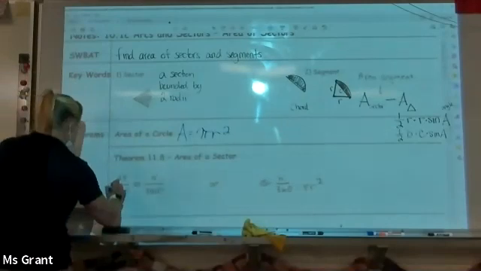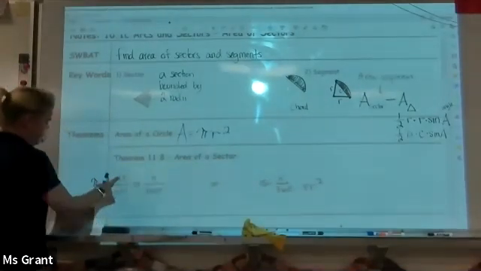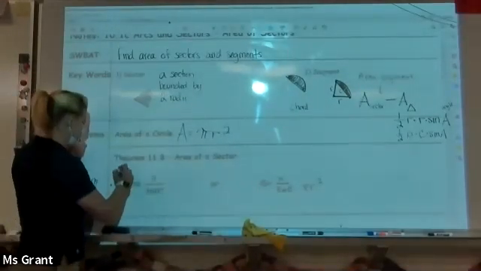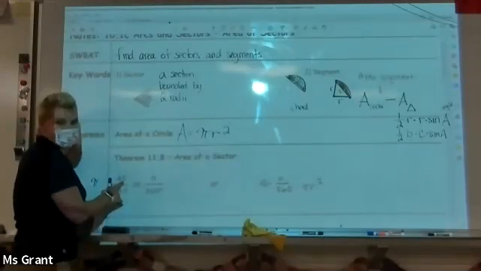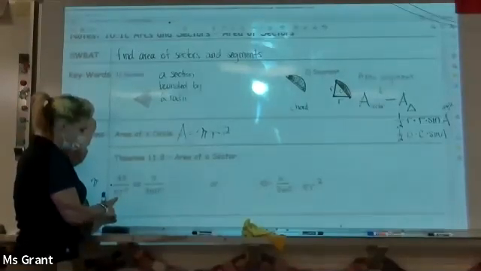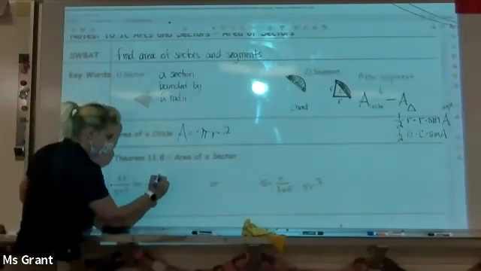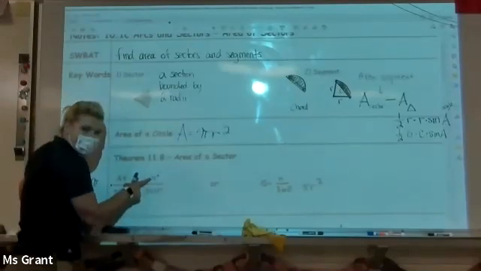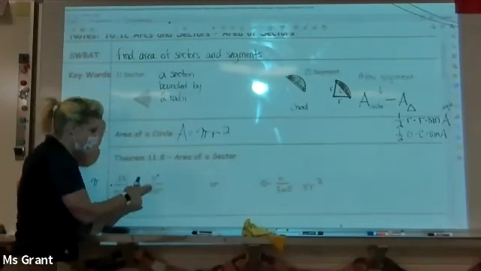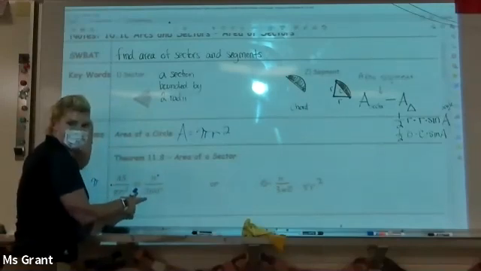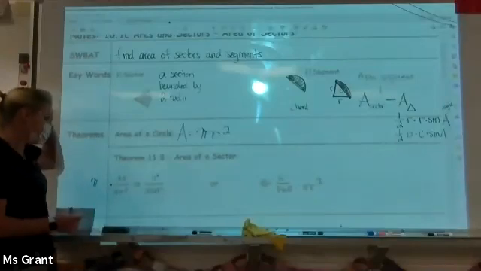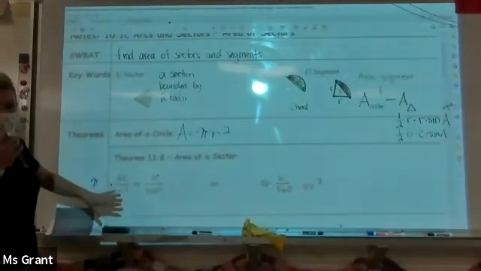So if the area of the sector, AS, which stands for area of the sector, relates to pi r squared, obviously this is a circle, they do. The degrees of my angle divided by 360 degrees, obviously these relate because they're both degrees. So this is the proportion that I would write.